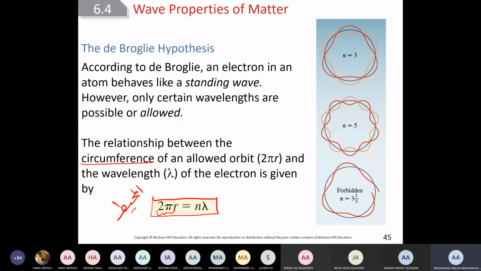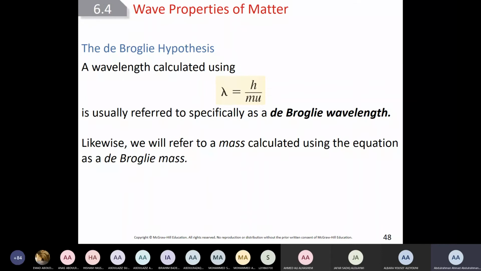And what is n? Principal quantum number, number of waves. Excellent. And what is lambda? Wavelength. And principal quantum number is 1, 2, 3, 4, 5. Good. We also talked about this.